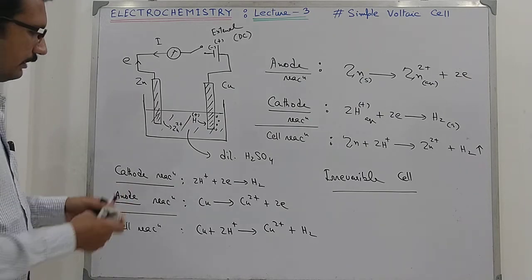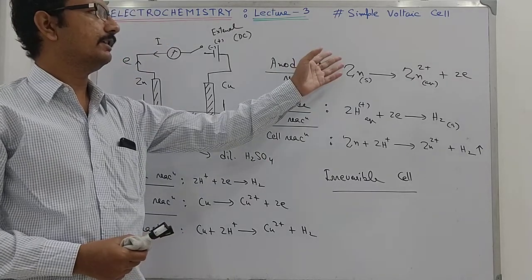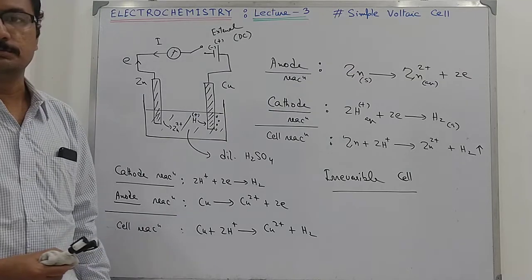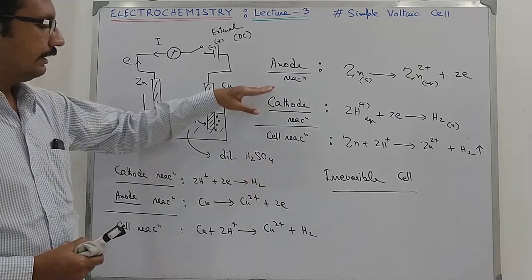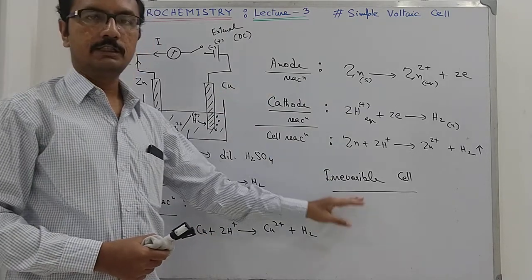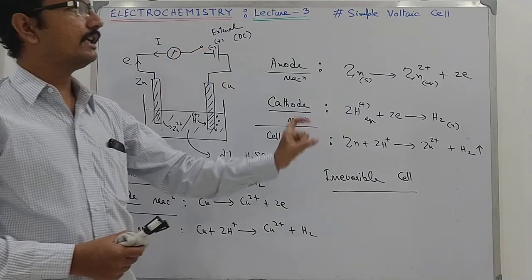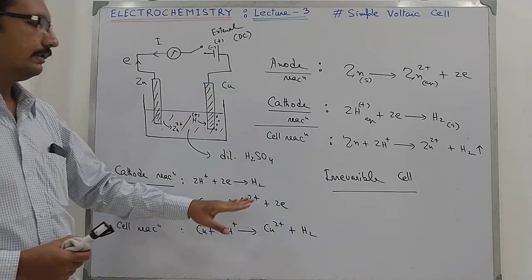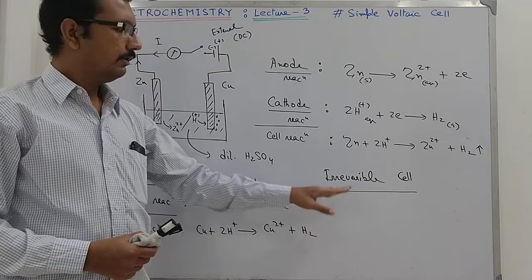Now come to the limitation of this voltaic cell. Why is it termed simple or primitive? Because it has a severe limitation, not because it is irreversible. We are calling it the simple or primitive voltaic cell not because of its irreversible nature.